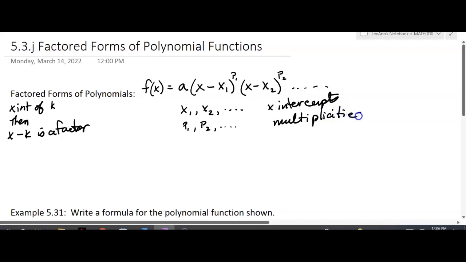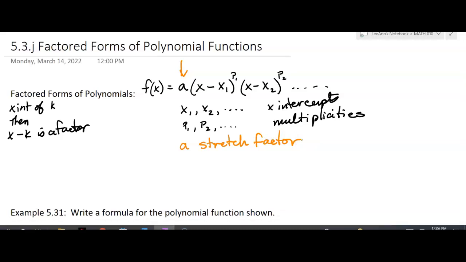Now you may have noticed I snuck in this letter A. That A is the stretch factor. So back to transformations, we know we could have some multiple that we factor out that affects the graph, but it doesn't necessarily show up if we just put in the intercepts.